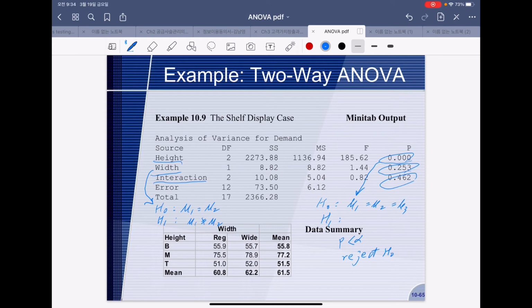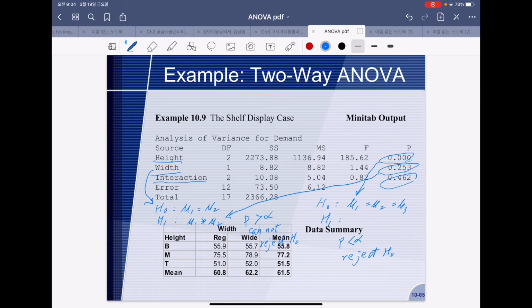In this case, the p-value is 0.253, so p is greater than alpha. So you cannot reject the null hypothesis.